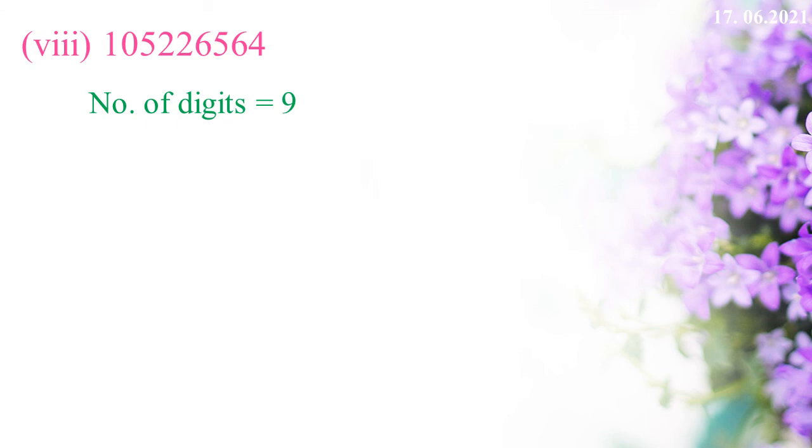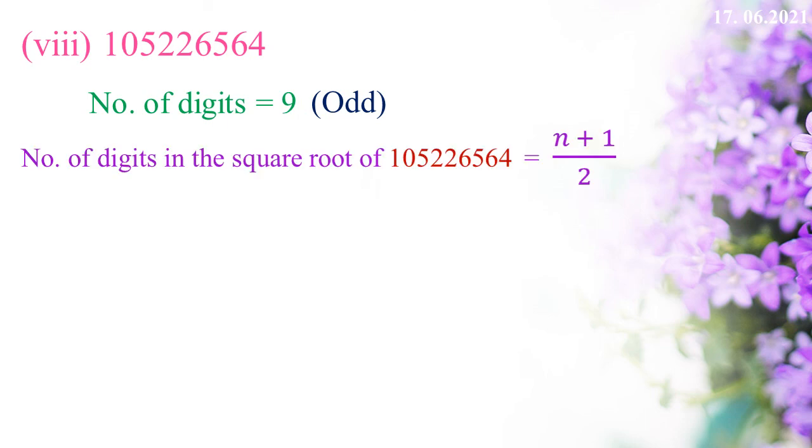Let's see how many digits are in the square root of 10 crore 52 lakh 26,564. Here, the number of digits is 9. 9 is an odd number. If the number of digits in the perfect square is odd, the number of digits in the square root will be n plus 1 by 2.